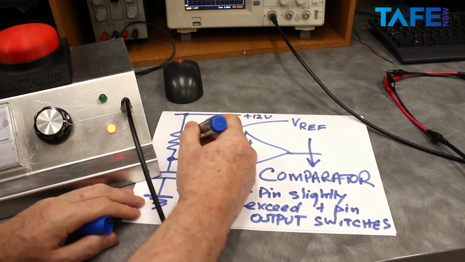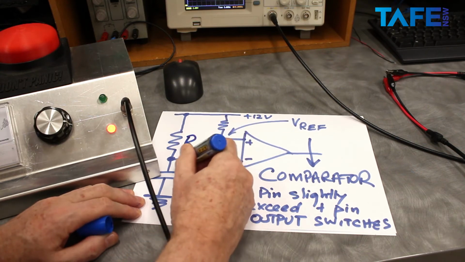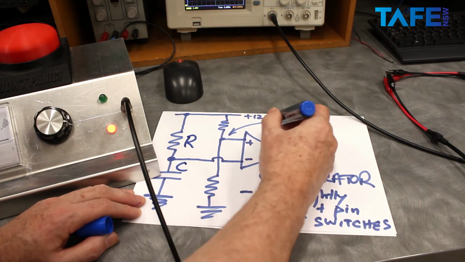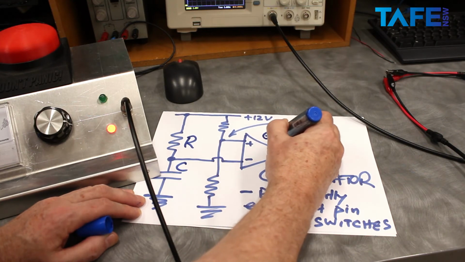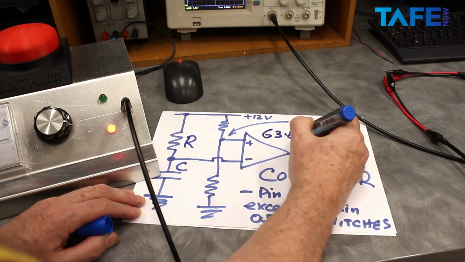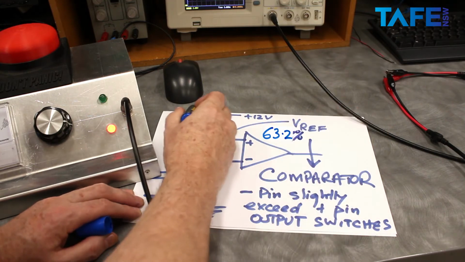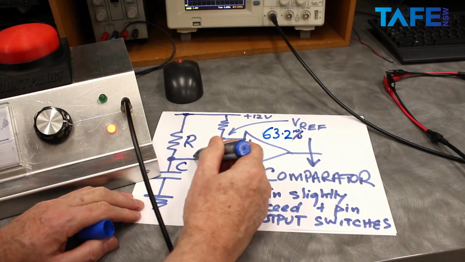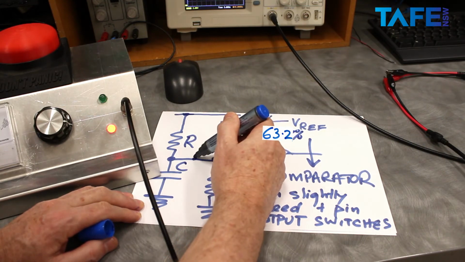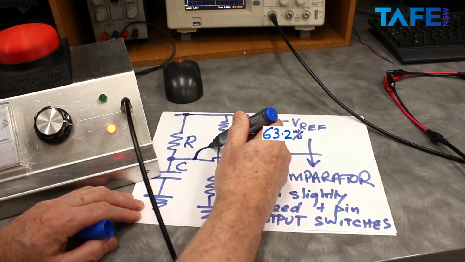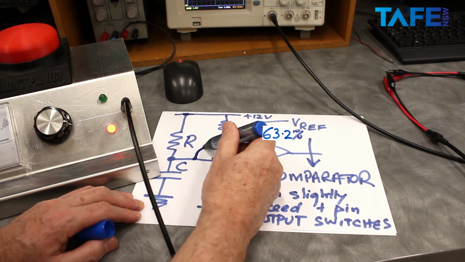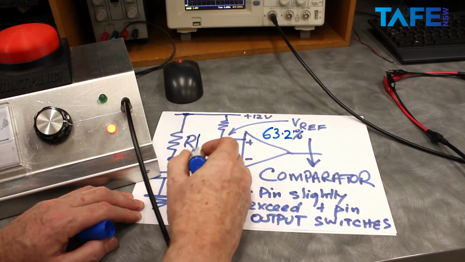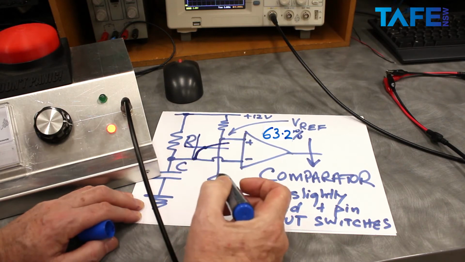So I've got R and I've got C here, and we've learned that the first time constant, 63.2% of the supply voltage. So after one time constant, this point here has charged up exponentially, very quickly. I've shown that almost as a vertical line, to 63.2% of the rail voltage.